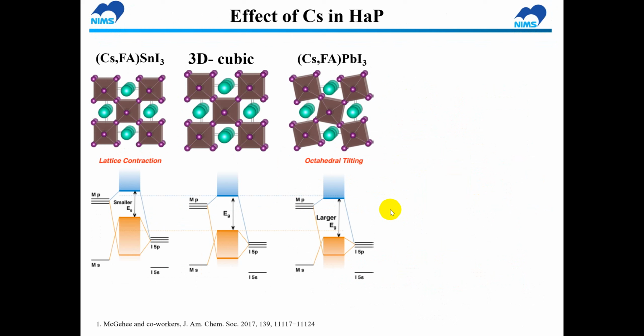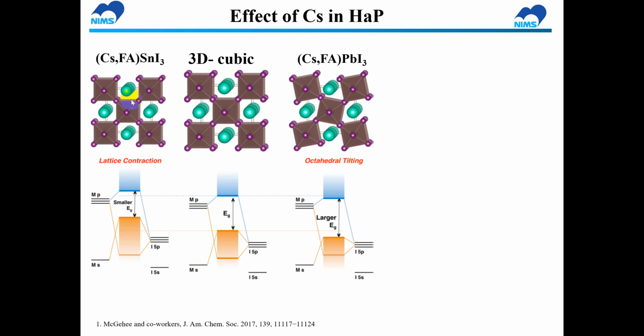And if we see the effect of additive on halide based perovskite solar cell, this one is cubic structure of lead halide perovskite solar cell, and if we add cesium on this structure, it has a different effect on lead based perovskite and tin based perovskite.